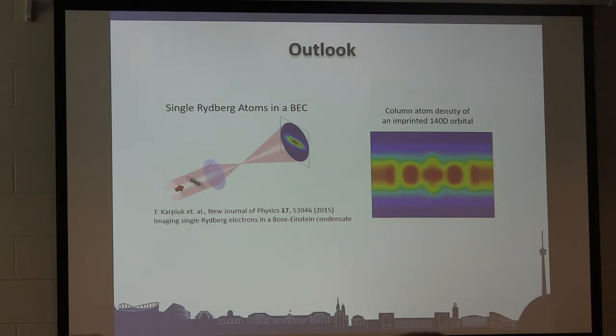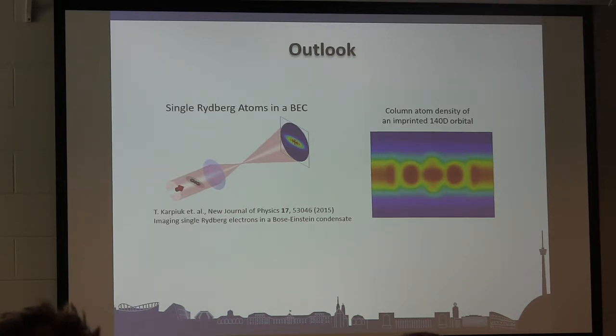When you wait for some time, the density of the BEC should show some modulation which resembles the shape of the orbital. So when you put an s-state atom in there, the density modulation should be round, and when you put a d-state atom in there, you should be able to see some structure.